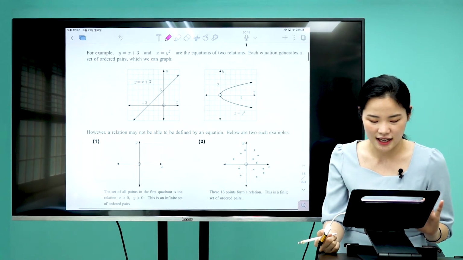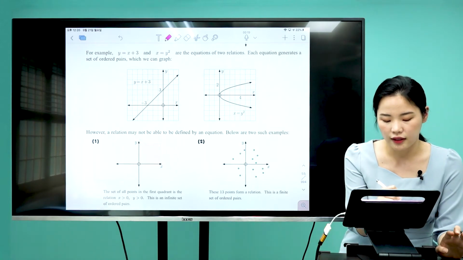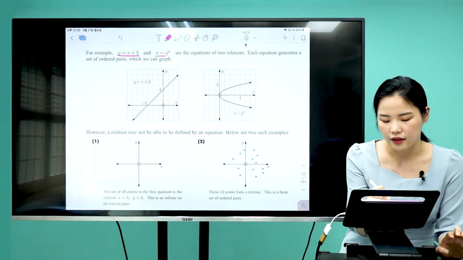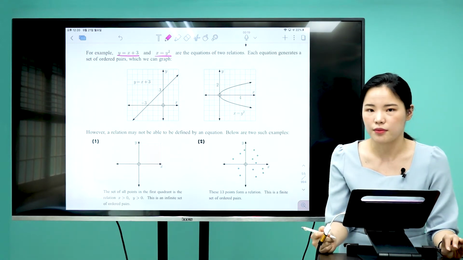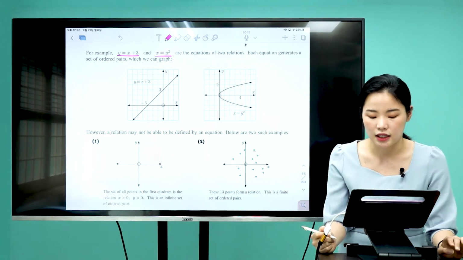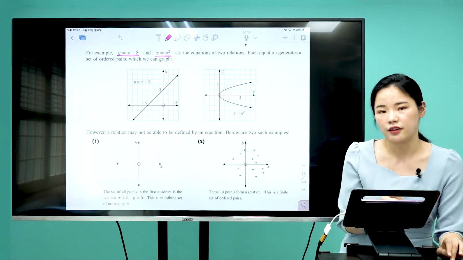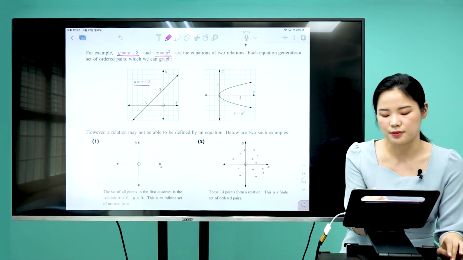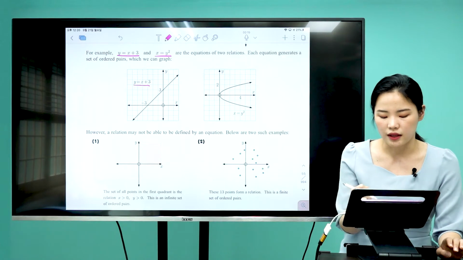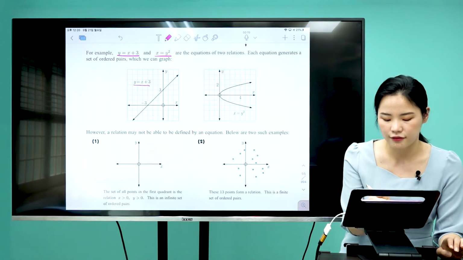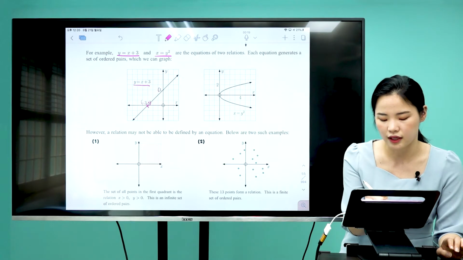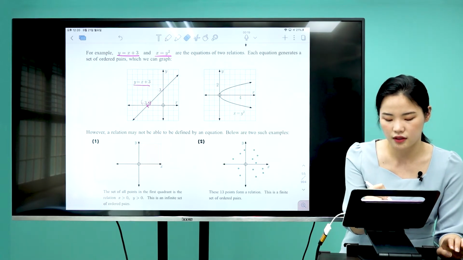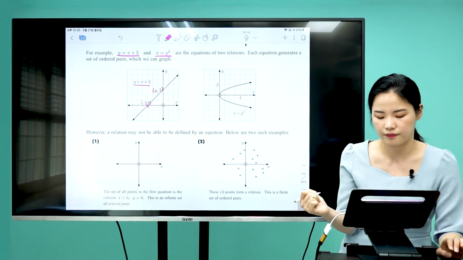Anyway, good story. We know the linear function and the quadratic function, and they can be expressed in the Cartesian grid. For example, the linear function y equals x plus 3 goes from (-3, 0) to (0, 3).